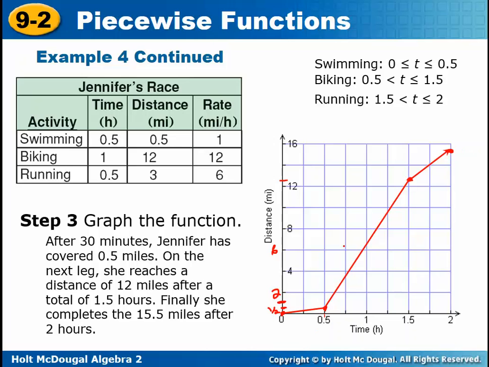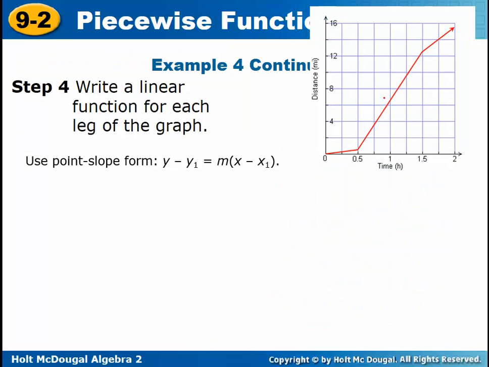Now from this, we can determine the slopes of the lines, and we can find the equations of each section as well. So using the graph is really a very good way to find the piecewise function here.